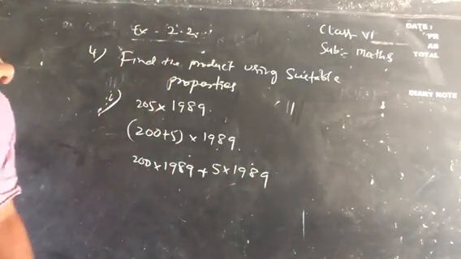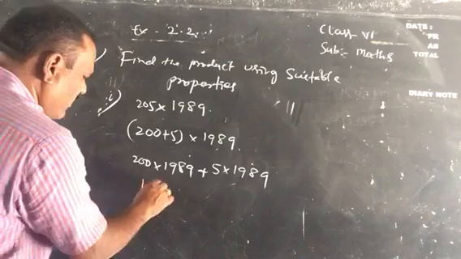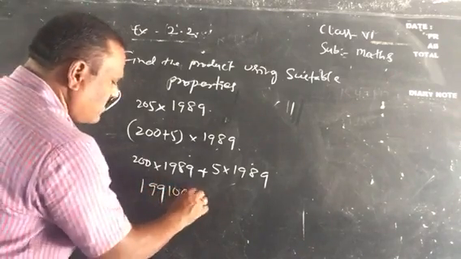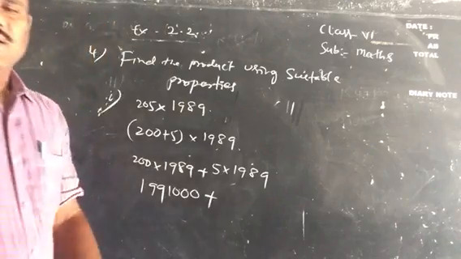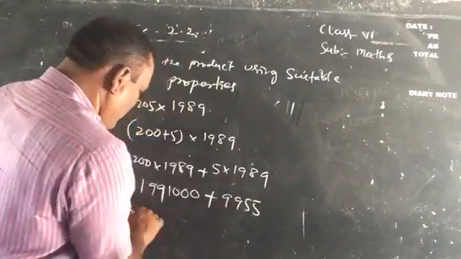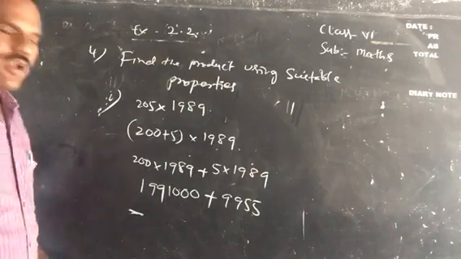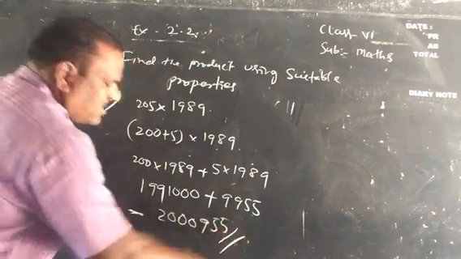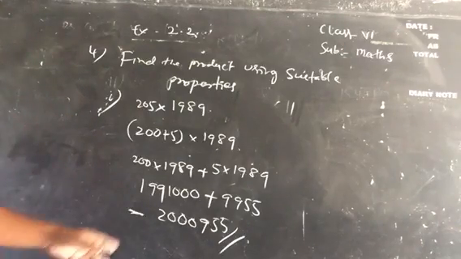That is 397,800 plus 9945, which equals 407,745. So this is the answer for this question, children.